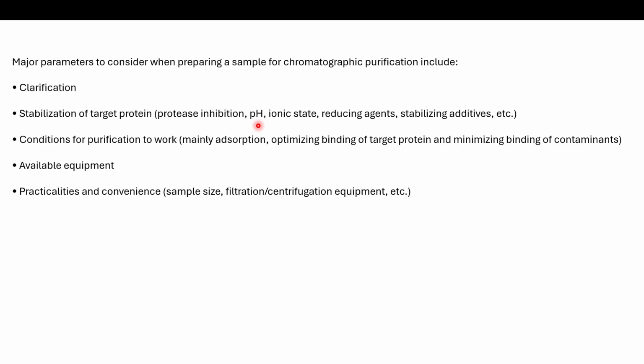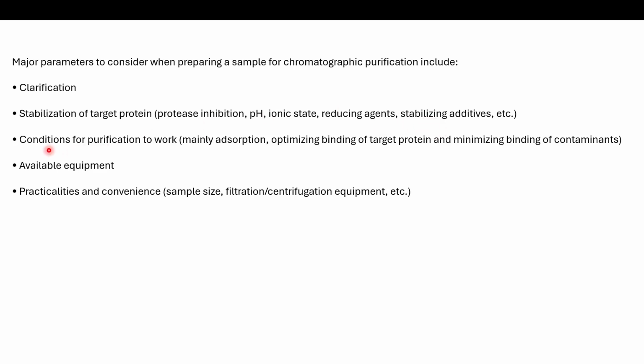How well those side chains are stabilized depends on whether the H plus or OH minus concentration of the surrounding medium is higher or lower. What is the ionic state, whether it is zwitterionic, wherein it's neutrally charged, or positively or negatively charged? What are the reducing agents? There are stabilizing additives added.